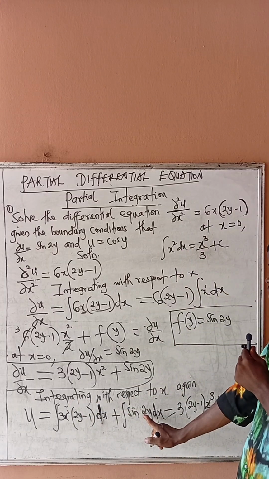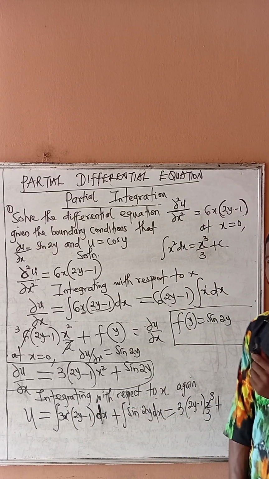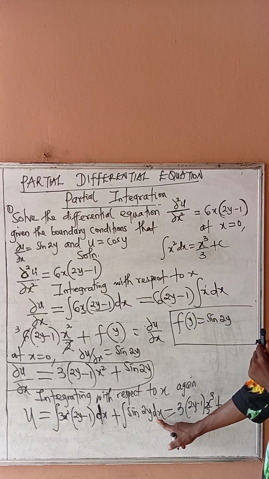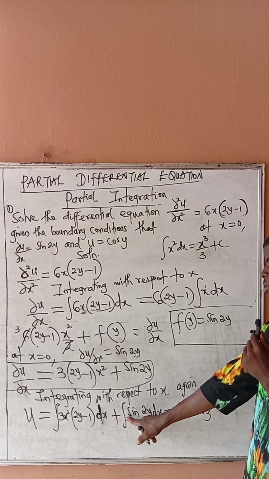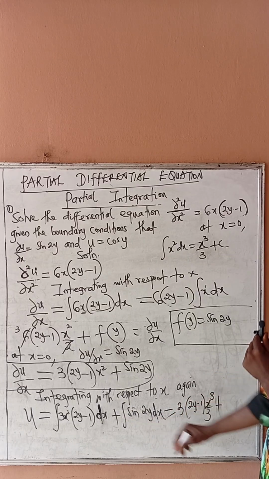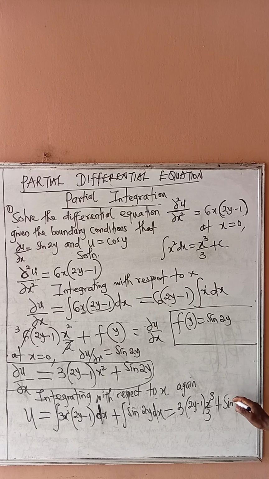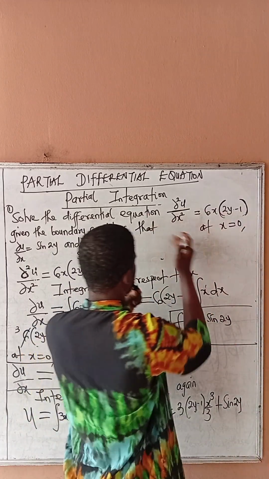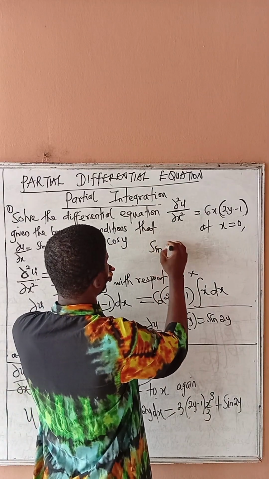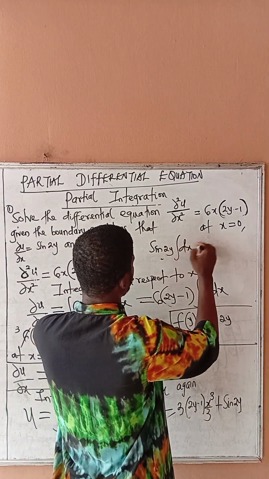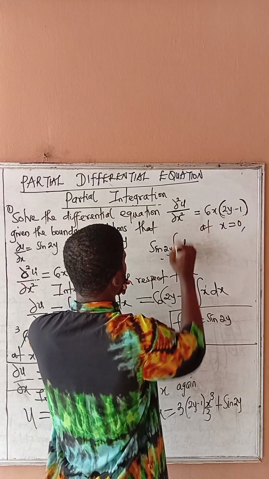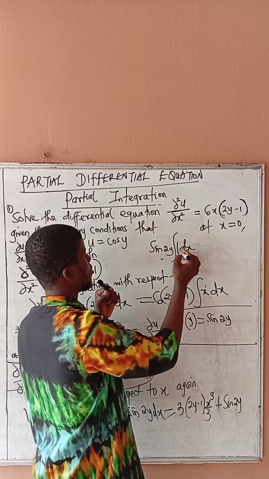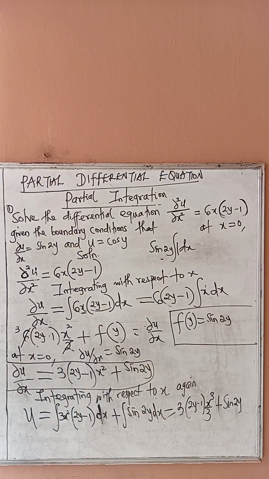Plus, check. This is sine 2y. It is purely a function of y. And whereas we are integrating with respect to what? To x. It means that sine 2y will be considered a constant. So I'm going to bring sine 2y outside. So if I bring sine 2y outside, it's like writing it like this. I'll say sine 2y times the integral of what? Dx. And you know that the integral of dx is also the integral of 1 dx, right? 1 is a coefficient.